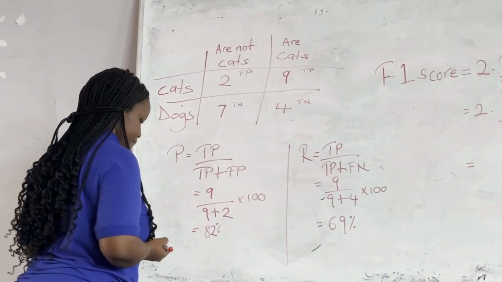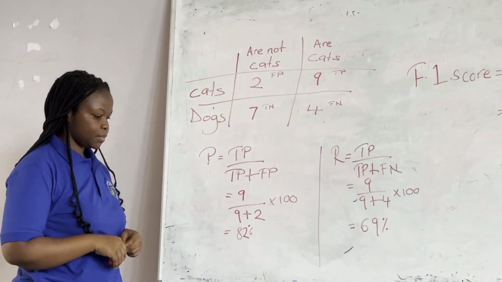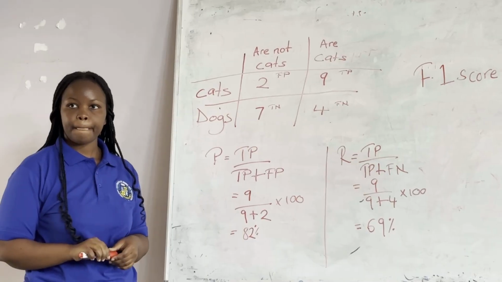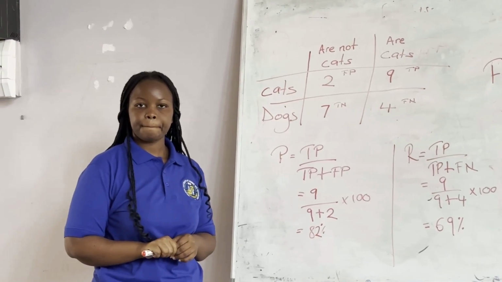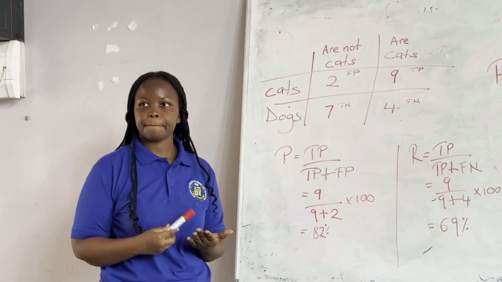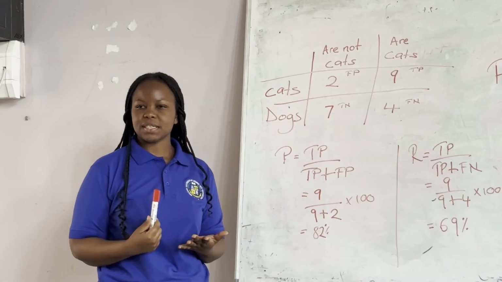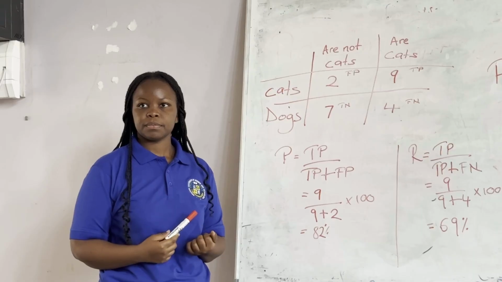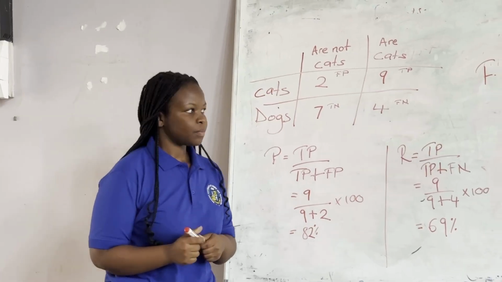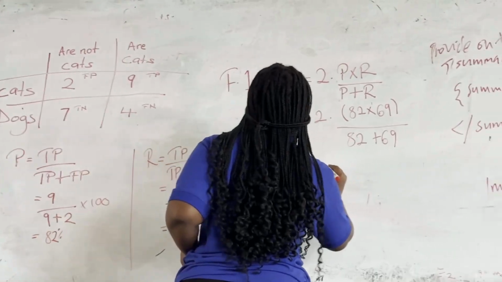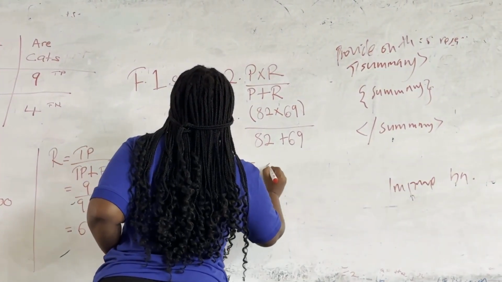What are we getting there? Should be 70 something. 74.74. So roughly 75%.